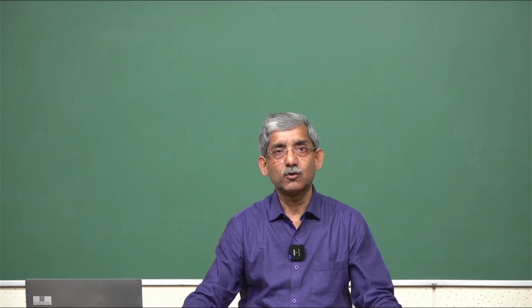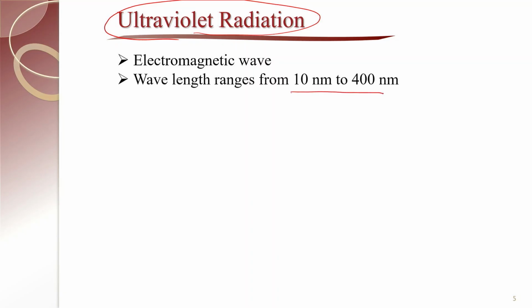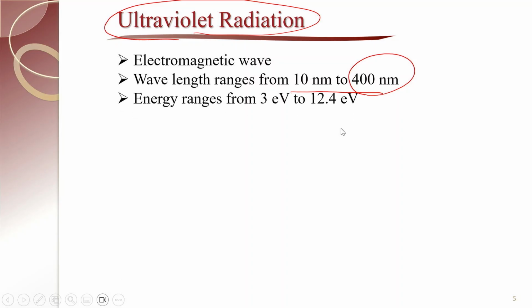It is an electromagnetic wave, as we have discussed. The wavelength ranges typically from 10 nanometer to 400 nanometer. The energy is 3 electron volt to 12.4 electron volt.